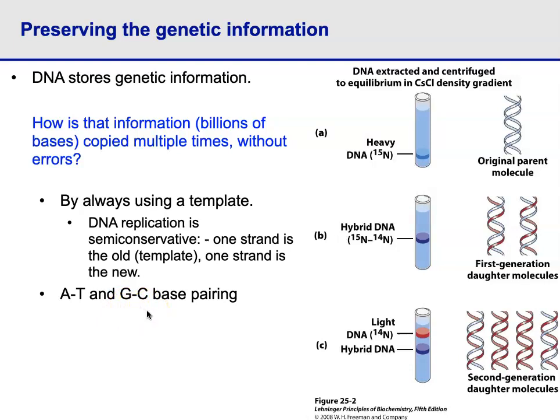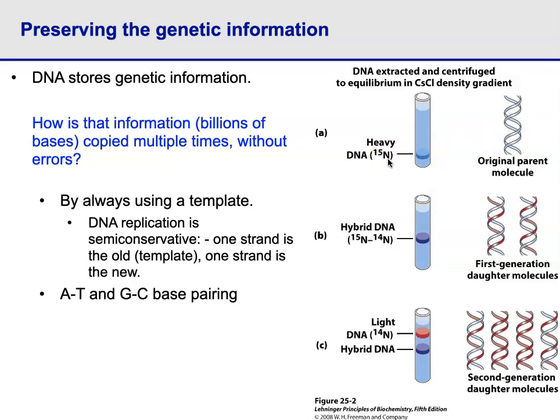Okay, how was that first discovered? It's actually a quite ingenious and extremely simple process or test, and that is described in this figure. So what did the scientists do at the beginning? Well, first, as shown here in A, they simply grew bacteria in media and broth that contains heavy nitrogen, nitrogen 15.